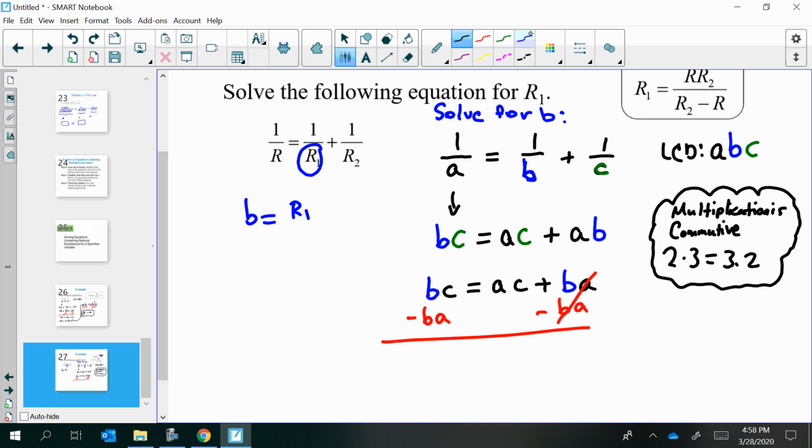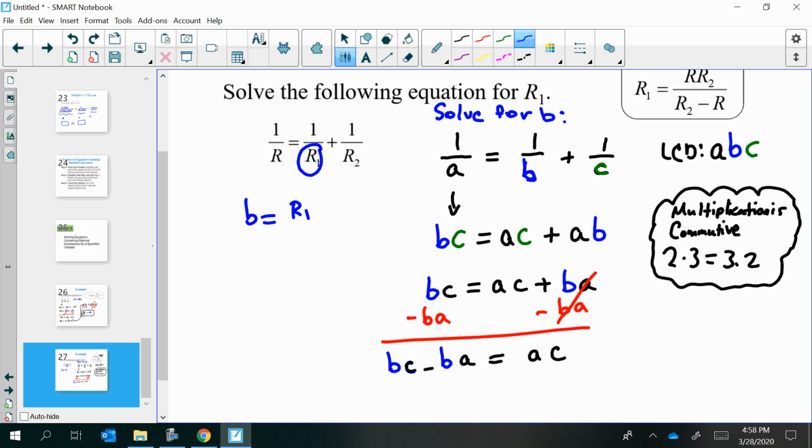So now I have BC, oops, I meant to make that black, minus BA equals AC.